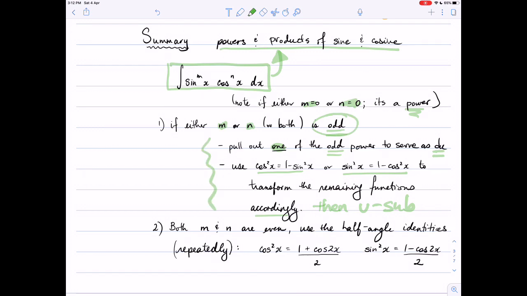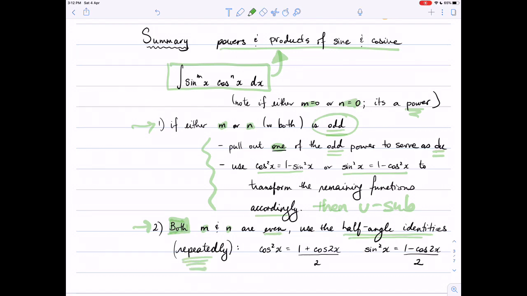If, however, both m and n are even, if one of them is odd you're doing the previous procedure, but if both of them are even, then you have no choice but to apply the half angle identities, and perhaps repeatedly.